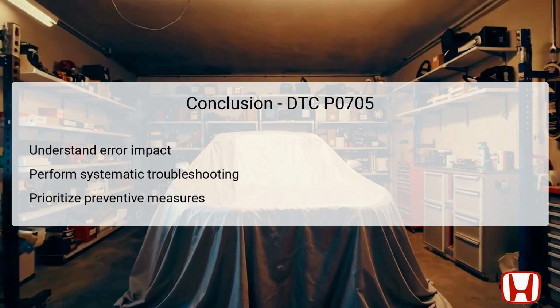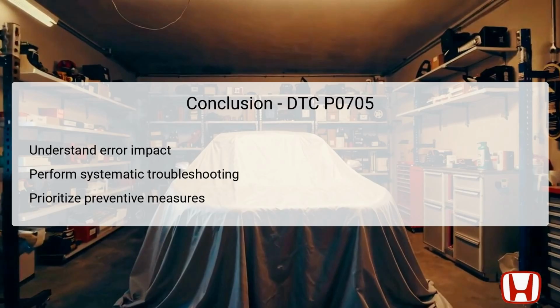In summary, understanding DTC P0705 is essential as it directly affects the transmission functionality of the Honda Civic models from 2016 to 2021. Addressing issues related to the transmission range switch is critical, as failing to do so can lead to severe drivability concerns.